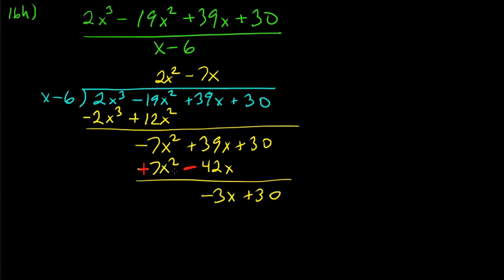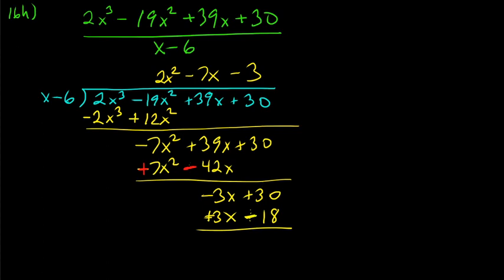All right, one more round, I think. So negative 3x divided by x is just negative 3. So when you multiply negative 3 times x, you get negative 3x. Negative 3 times negative 6 is positive 18. Flip the signs and add. So the positive 18 becomes a negative 18, and the negative 3x becomes a positive 3x.